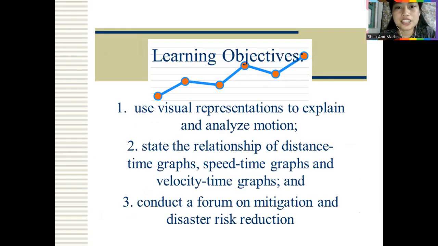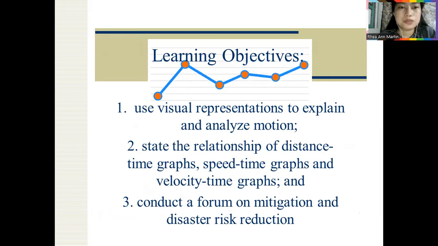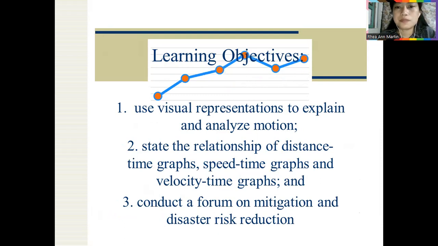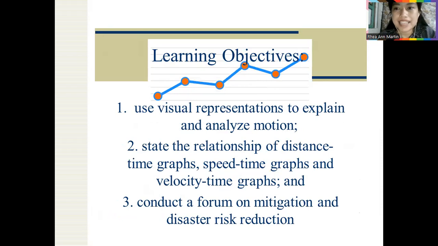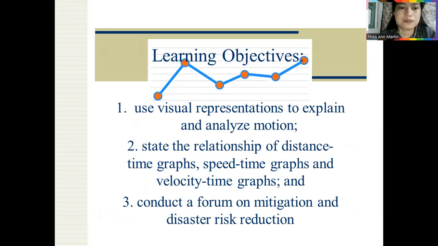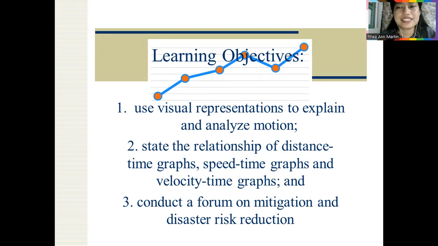Our learning objectives at the end of the lesson: you should be able to, one, use representations to explain and analyze motion. Two, state the relationship of distance-time graphs, speed-time graphs, and velocity-time graphs. Third, conduct a forum on mitigation and disaster risk reduction.